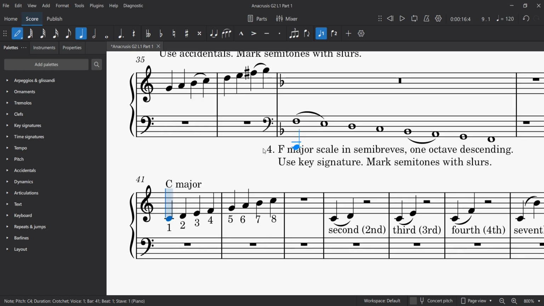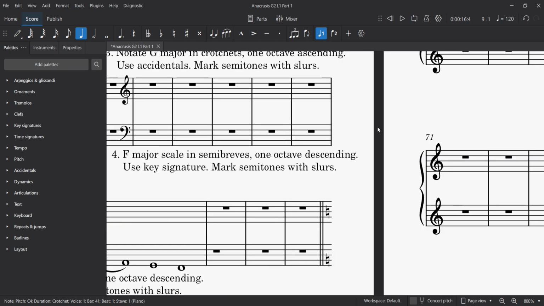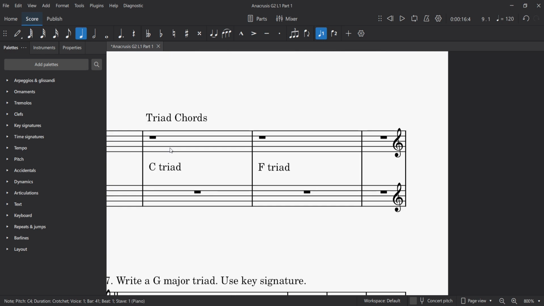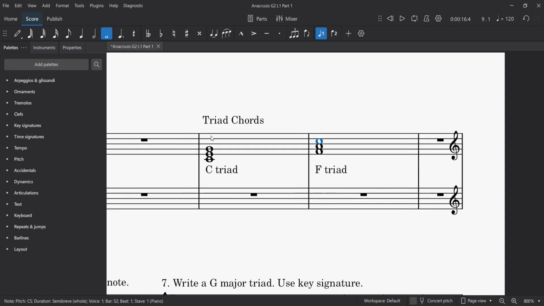Therefore, a C triad would look like this. And an F triad would look like this. As the root is in the bottom, we say this chord is in the root position. You will learn about inversions in grade 2 later.